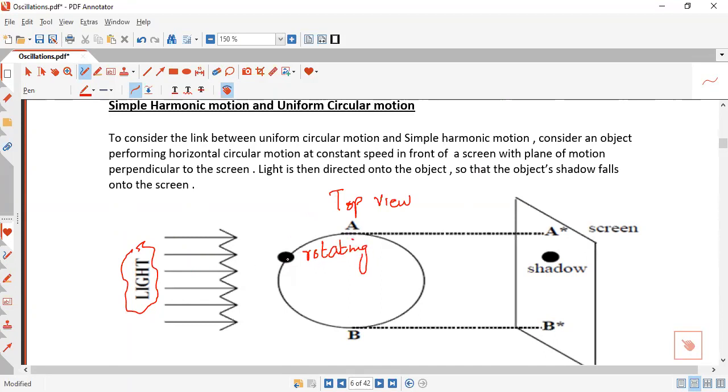If you see the image of this rotating object on a wall or screen, then you will come to know that this shadow will be moving up and down.